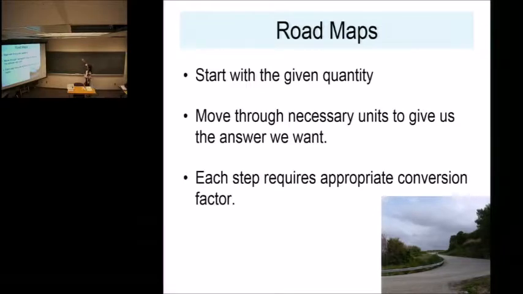And every time I have this symbol, this means I need a conversion factor. So for every symbol, I need a conversion factor like this. So what I'm saying is milligrams, conversion factor to change it to grams, another conversion factor to change it from grams to kilograms. Okay, so let's set this one up.